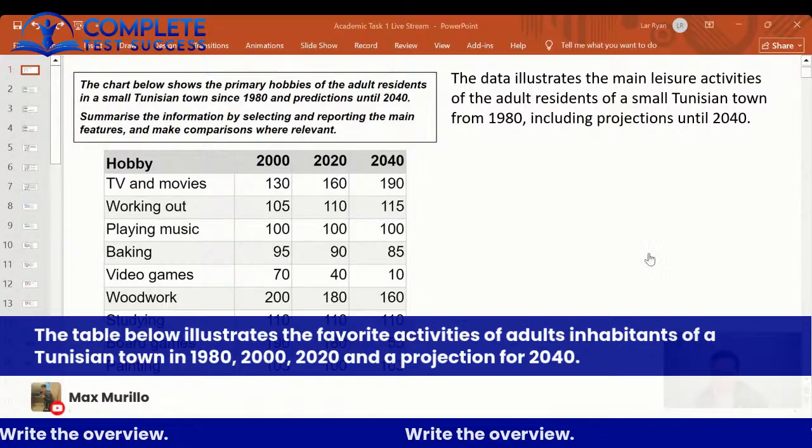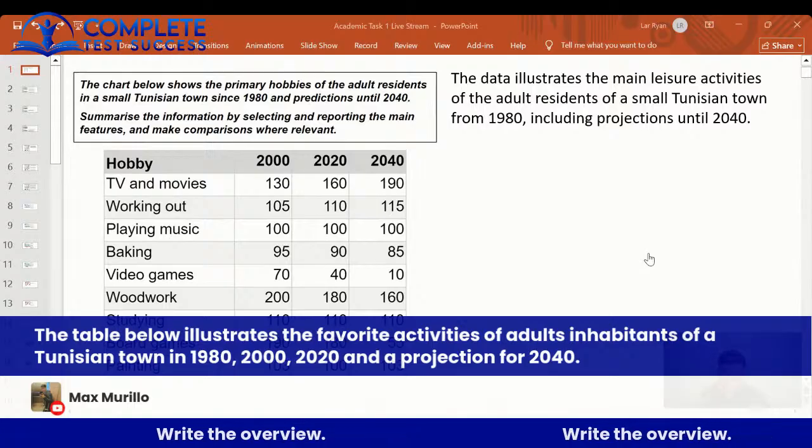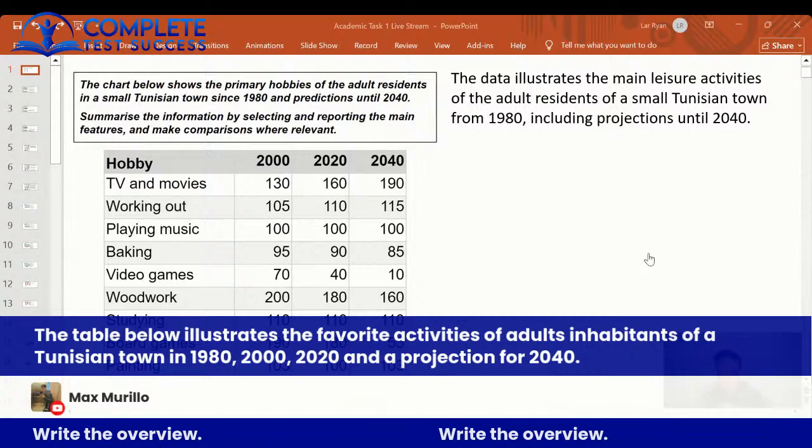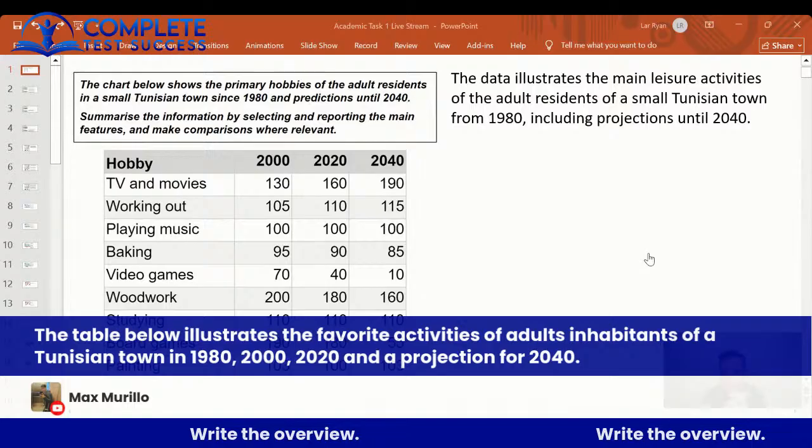Okay, next we have Max. Hi, Max. The table below, we don't copy the word below because the table won't be below our essay. So we just ignore the word below when we're paraphrasing. So we'll just have the table illustrates the favorite activities. Hobbies and activities aren't exactly the same.